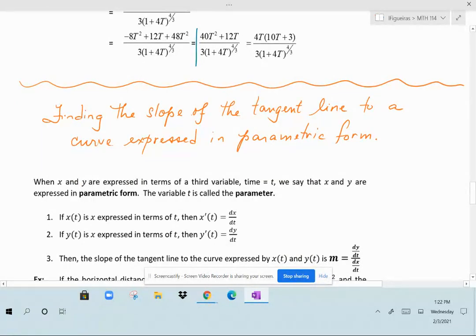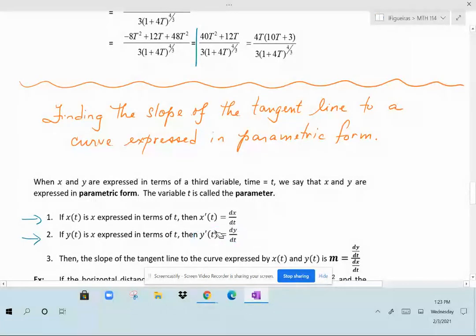So if x of t is expressed in terms of some variable t, then x prime of t is the same as dx/dt, the derivative of x with respect to t. And if we express y as a function of t, then y prime of t will be dy/dt.